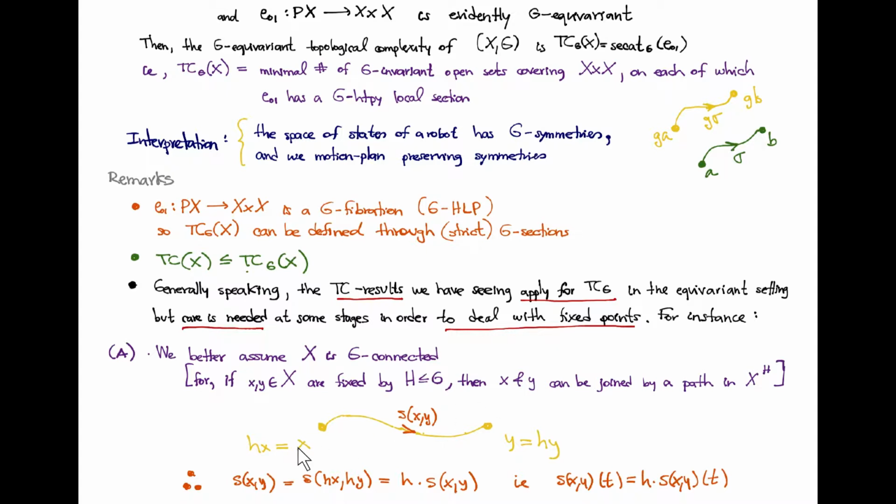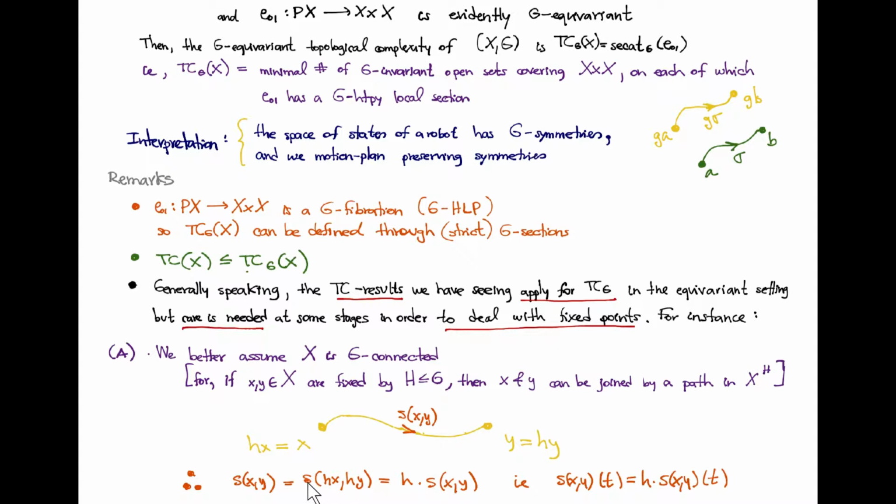And this is quite easy to see. Suppose you have x, which is fixed under some element h of some group, and the same thing for y. And then you have your local section. Well, s of (x,y), which is this path, will have to be s of (hx, hy), because of these two equalities.